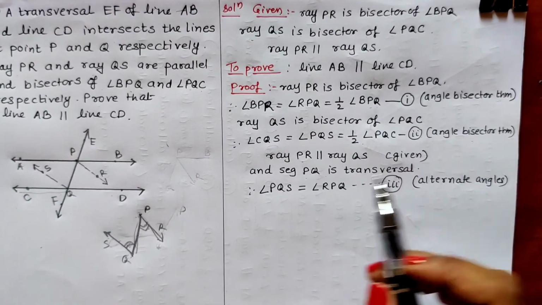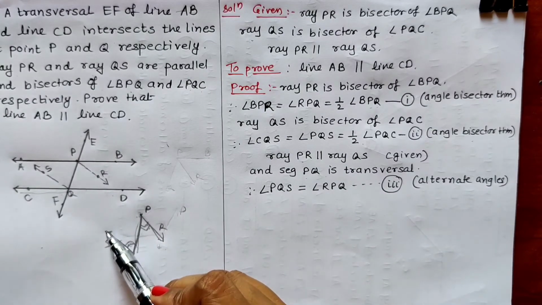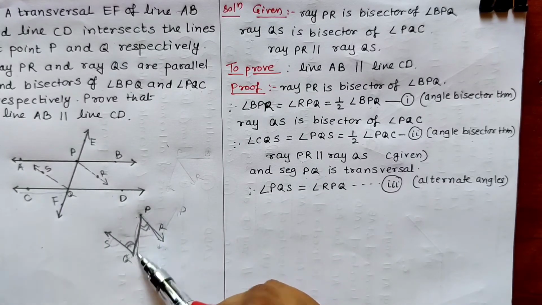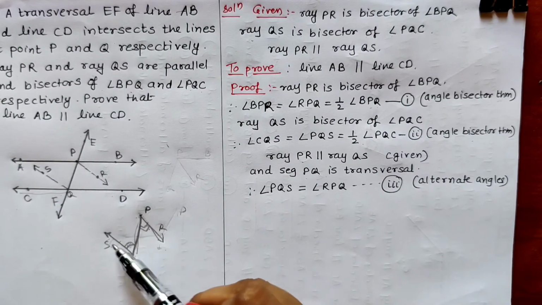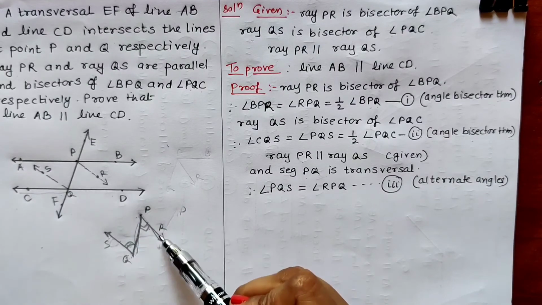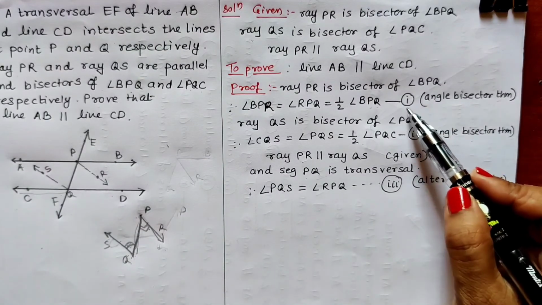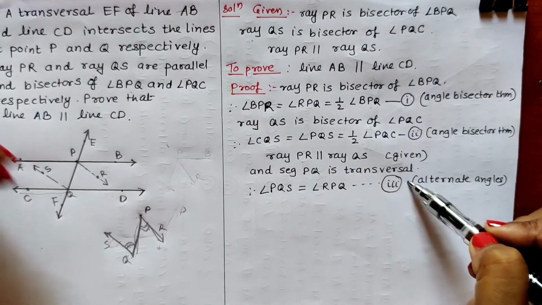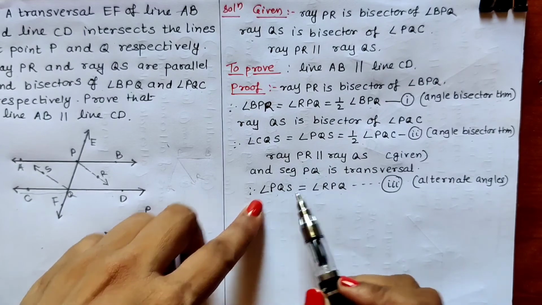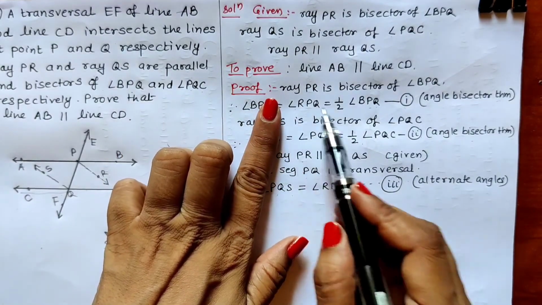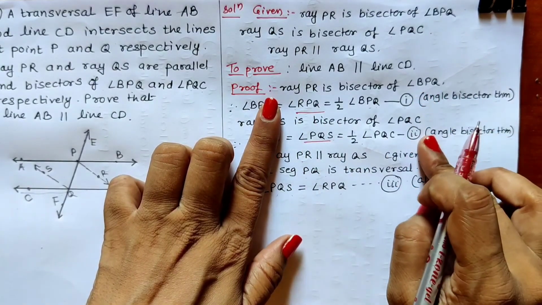Now let us see the next one. What we have written? Ray PR is parallel to ray QS and segment PQ is the transversal. So we have got these two angles, angle PQS and angle RPQ. Now let us observe the first, second and third statements. What we have proved in the third statement? PQS and RPQ. PQS and RPQ are the left hand side of equations 1 and 2.